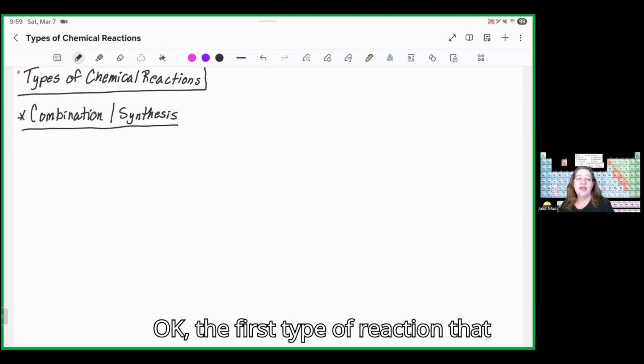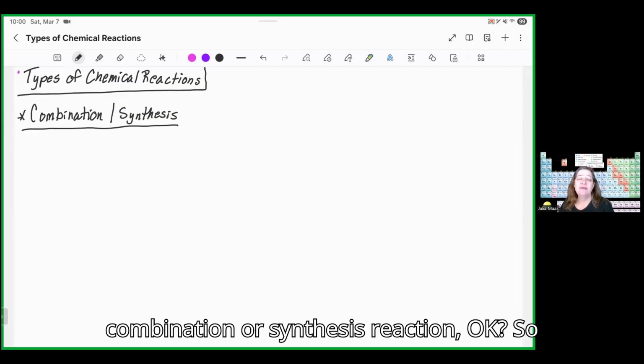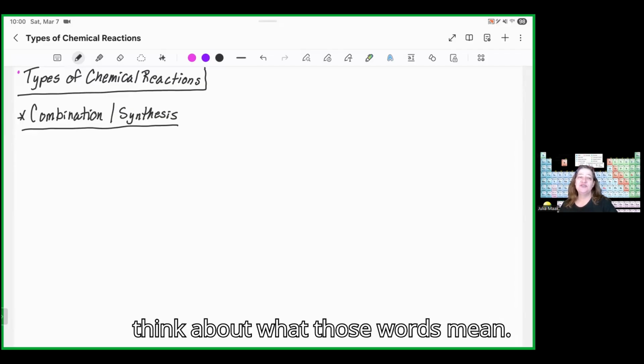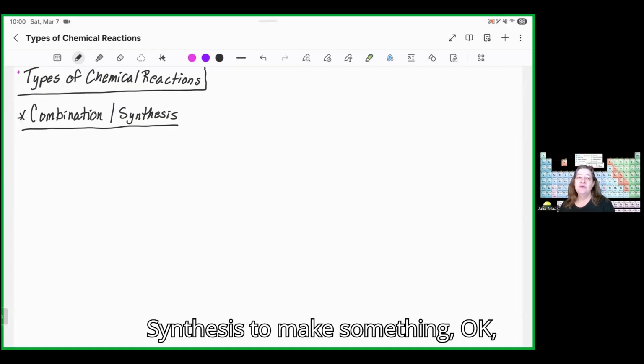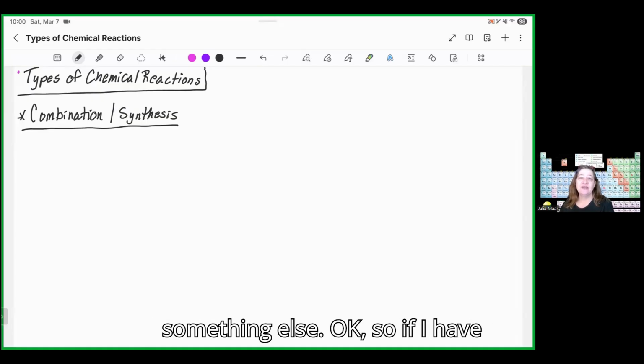Okay, the first type of reaction that I'm going to talk about is a combination or synthesis reaction. Think about what those words mean. Synthesis, to make something. Combination, to combine things to make something else.